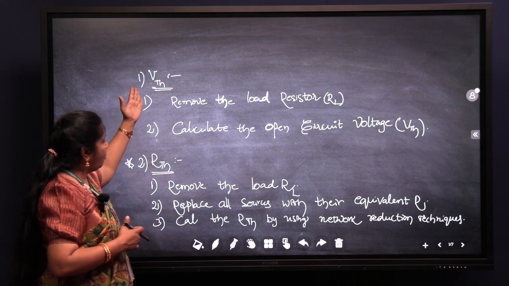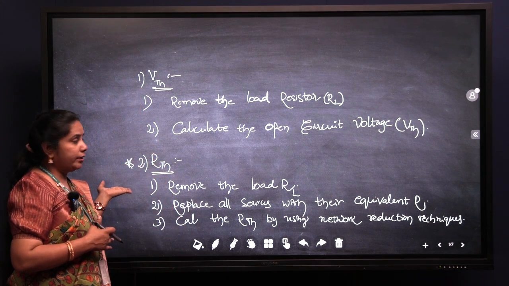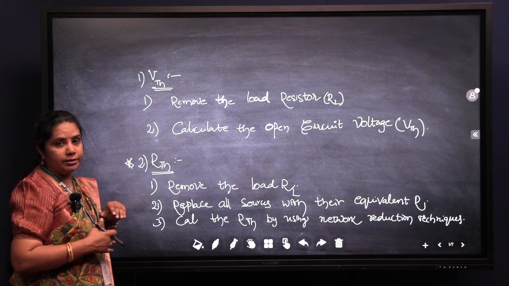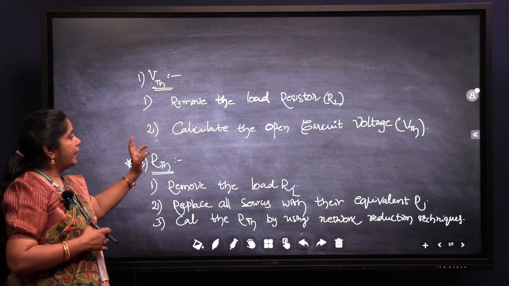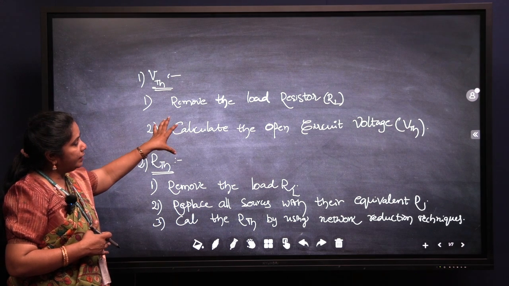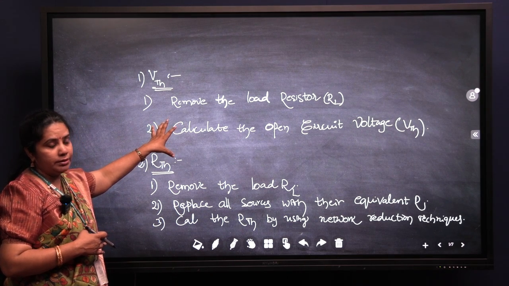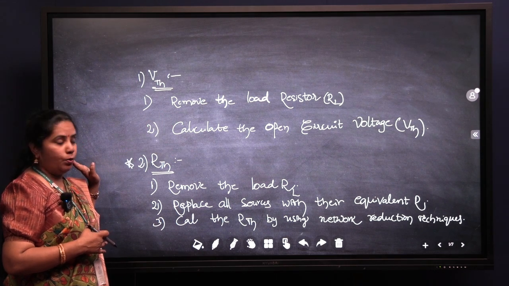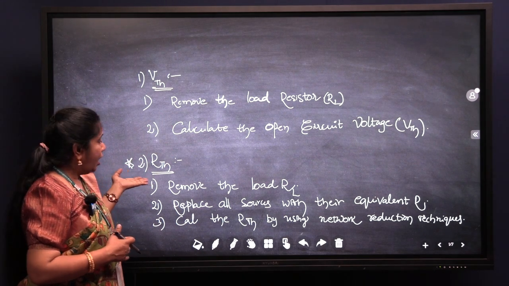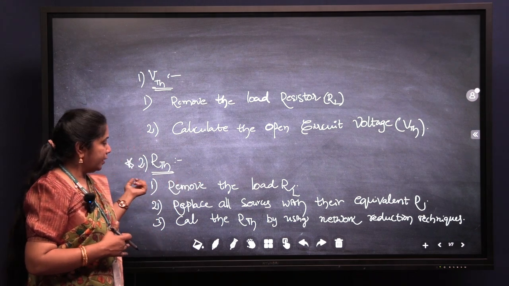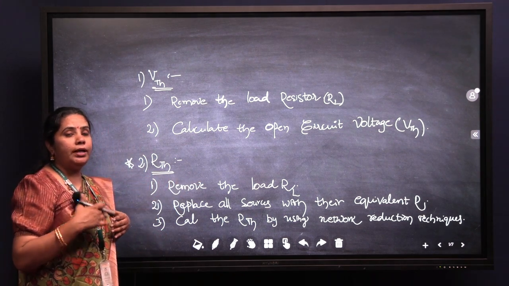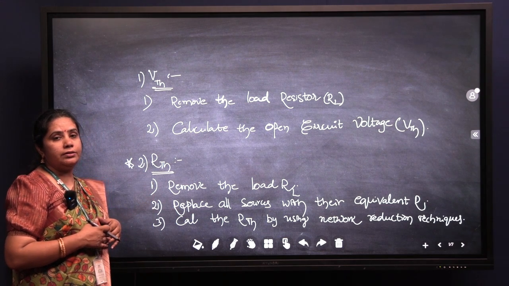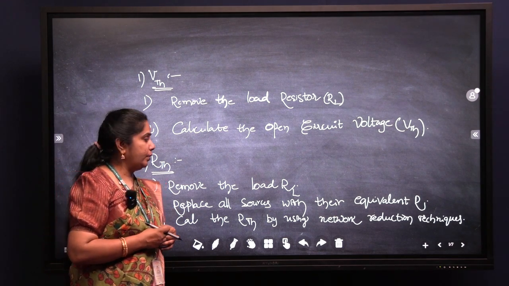So to calculate VTH, you remove the load resistance, which gives you two open circuited terminals. Across those two terminals, calculate the voltage; that will become your VTH. And second, again remove the load resistance and replace all the voltage and current sources with their equivalent resistances. Next, calculate the Thevenin's resistance by using the series and parallel network reduction techniques.